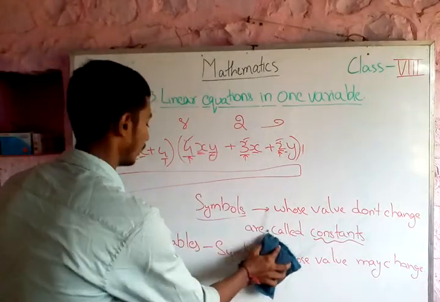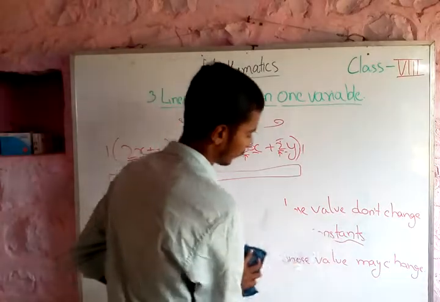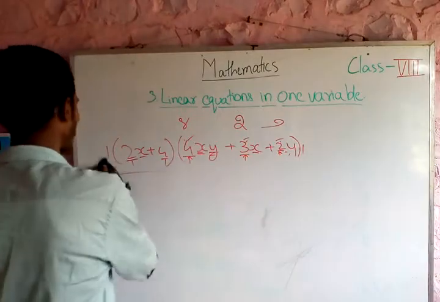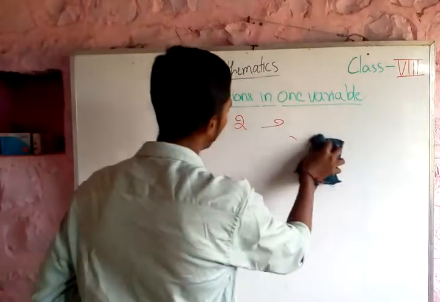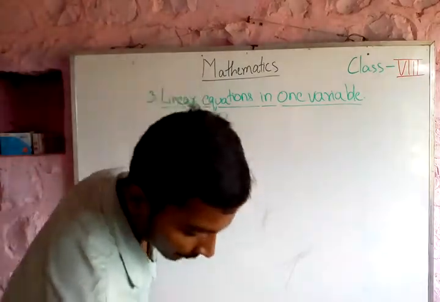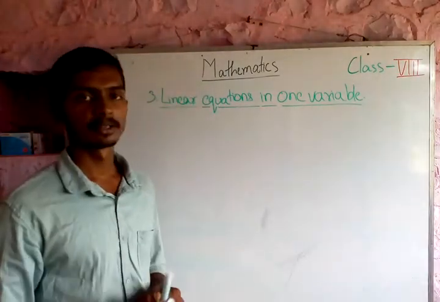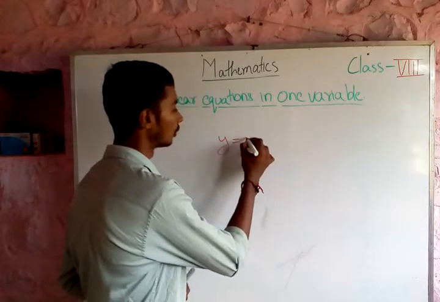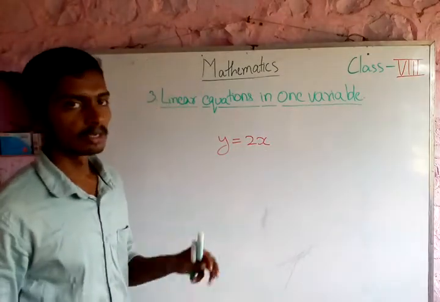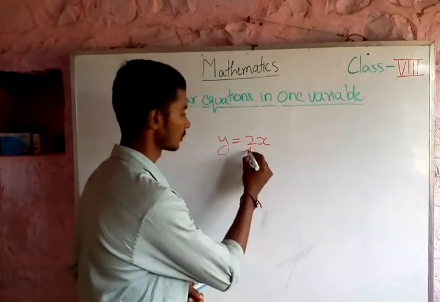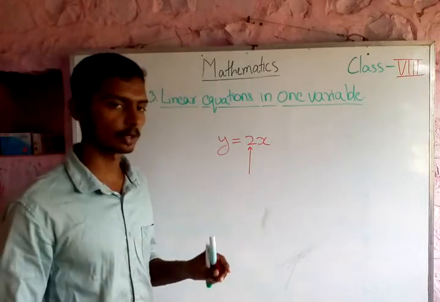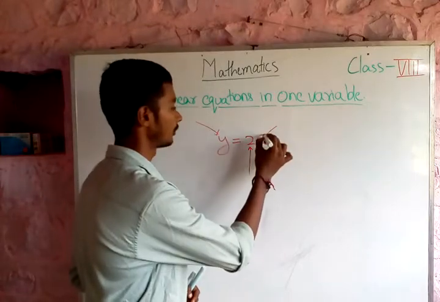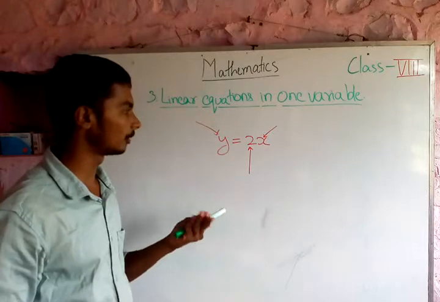Now you may wonder that the values of these symbols may change, and where are they changing? Now see here, if I take any equation like y is equal to 2x, I am saying that the 2 is a constant because its value doesn't change, and symbols of this kind, x and y, are called variables because their value may change.